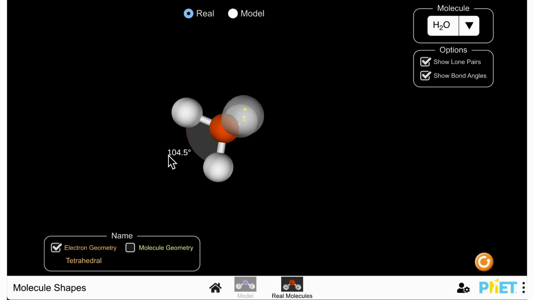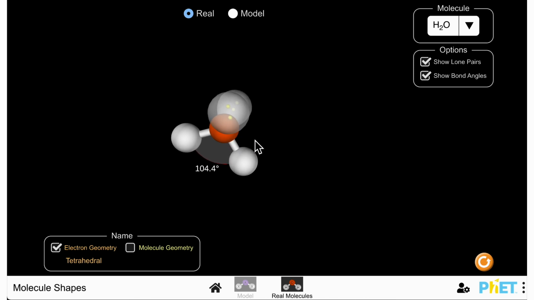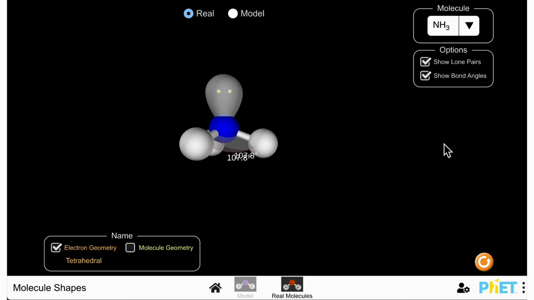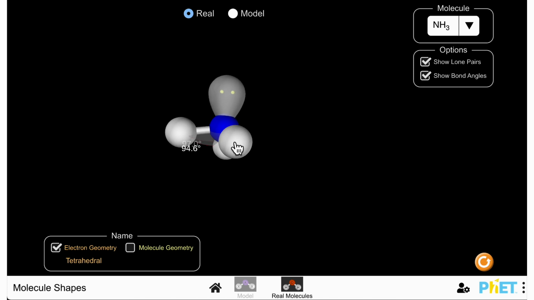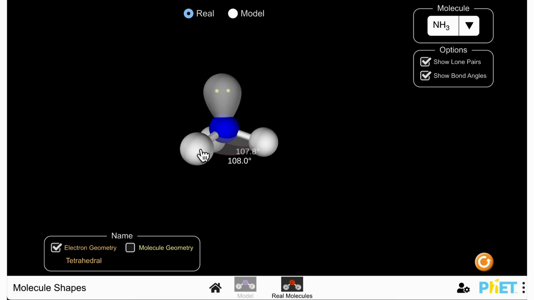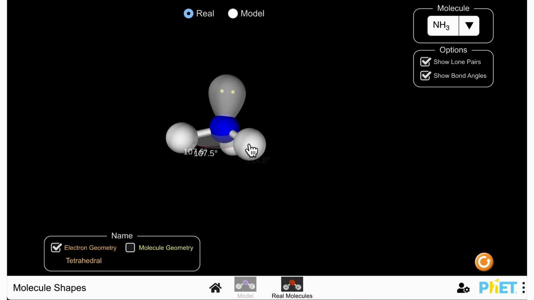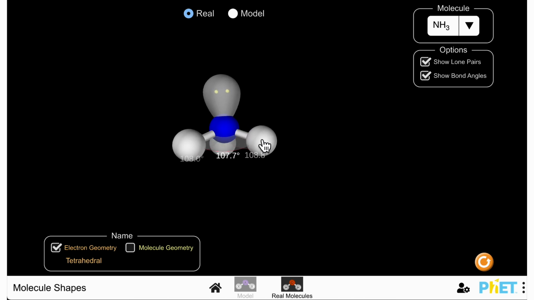Here we see that it's less, it's 104.5, because we have those lone pairs pushing down, trying to get more space for themselves. Let's look at NH3, which is a similar compound to what we were looking at, not exactly the same, but pretty similar. Here we see that we have 1 lone pair at the top. The bond angles, instead of being 109.5, are 107 because the lone pair is pushing down.